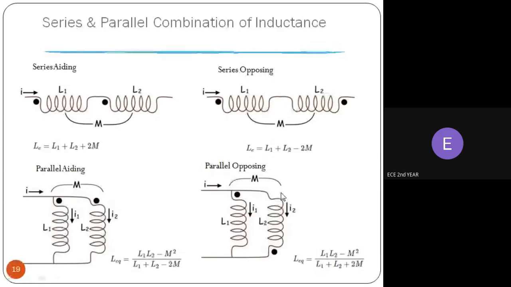The next one is parallel opposing. L1 and L2 are connected in a parallel way, and current flows towards the dot at L1 and leaves through the dot at L2. So L1 and L2 are in an opposing manner, connected in a parallel combination.